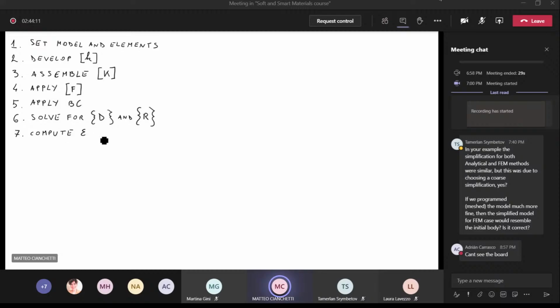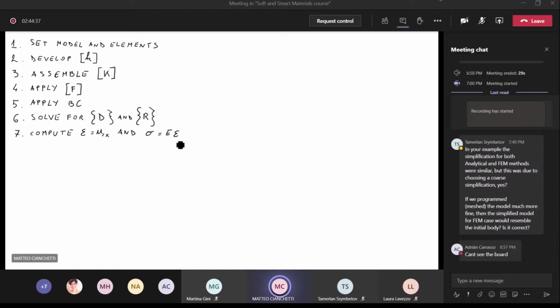So, for example, the strain that we know is the first derivative on x of the displacement, and also the related quantities. So, for example, we saw examples about the stress that is defined with the constitutive equation.